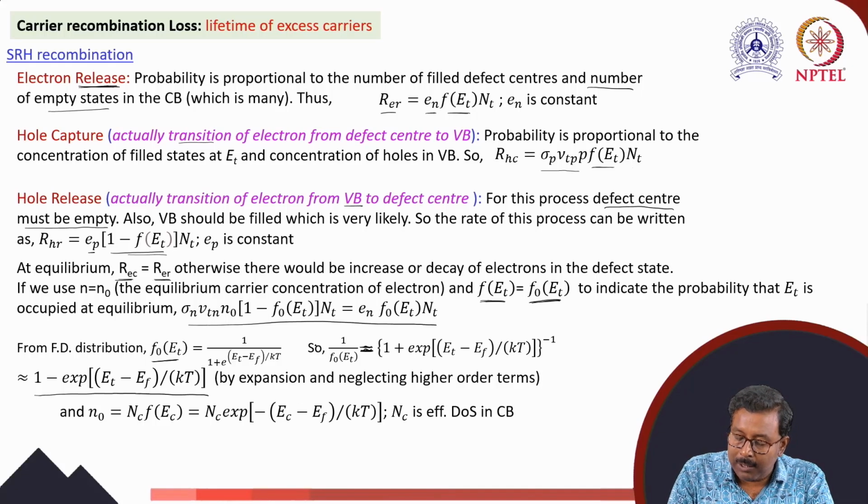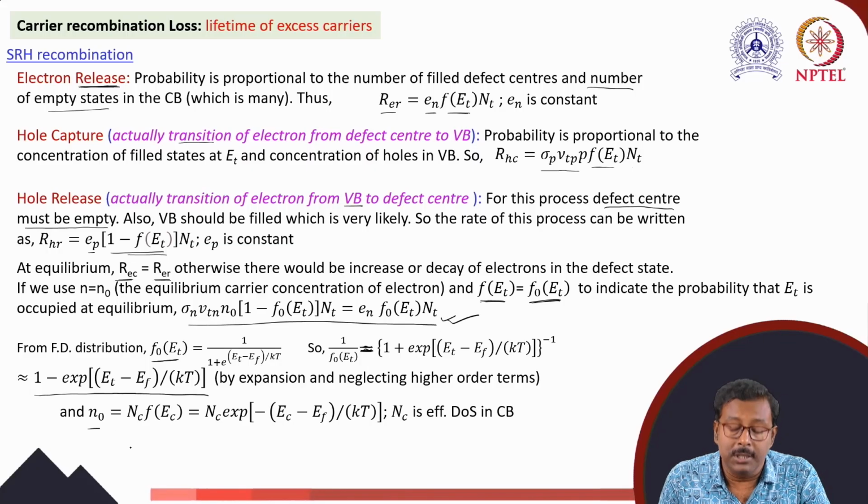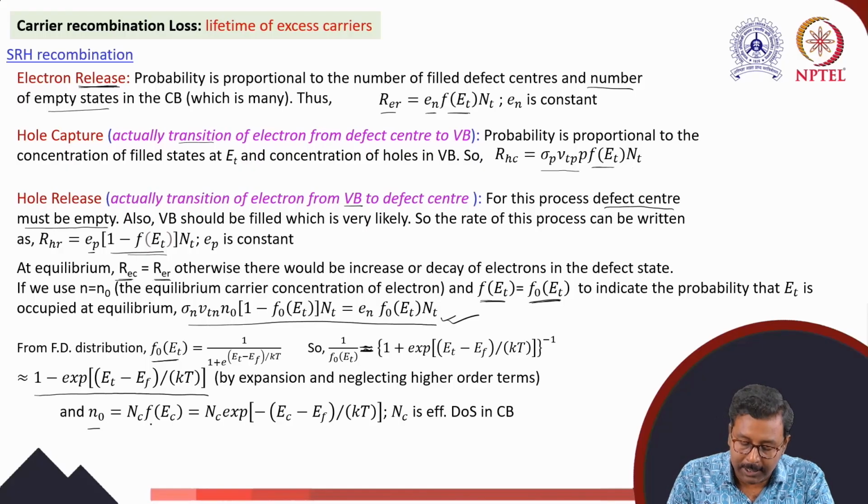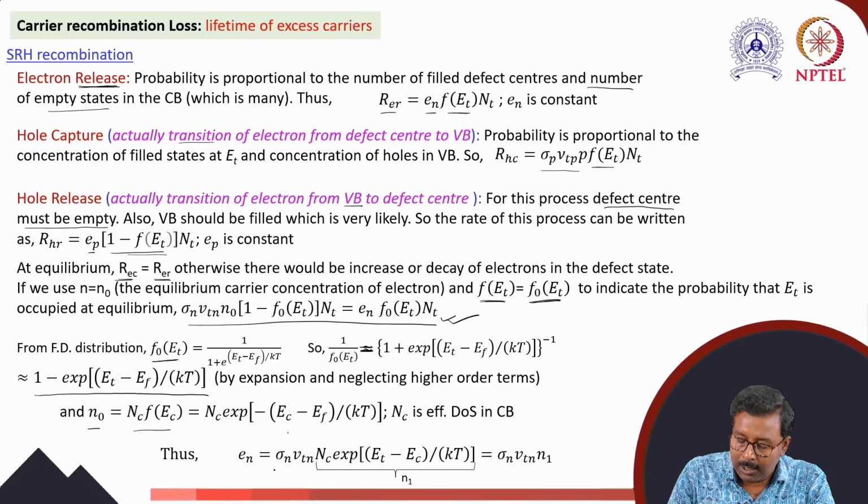If you put this value again in this equating expression, you can get N0, the equilibrium concentration of electrons in the conduction band. It will be NC exponential of minus EC minus EF by kT, by taking the Boltzmann approximation. NC is the effective density of states. Using this N0 and the 1 by F0 of Et expression in the original expression, you can obtain the constant term EN this way.